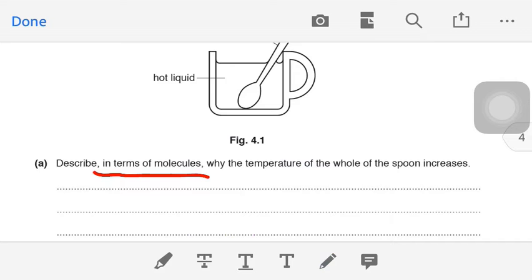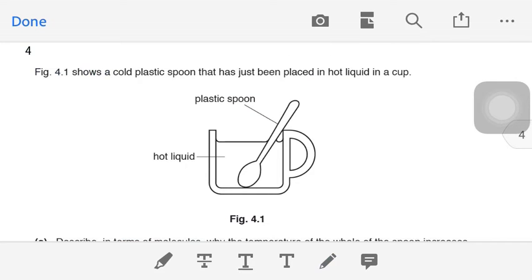Why the temperature of the whole spoon increases. So we are placing a plastic spoon inside a hot liquid, and they are asking you why the temperature of the whole spoon increases.